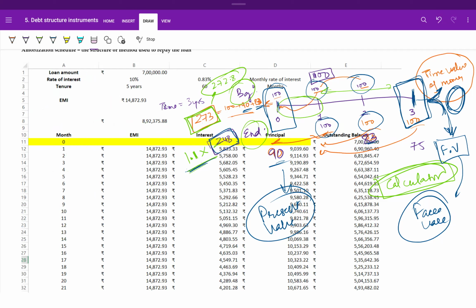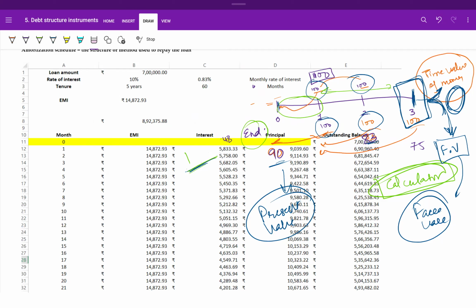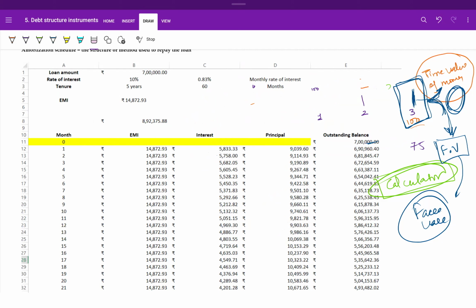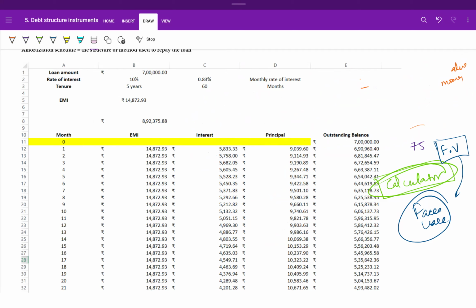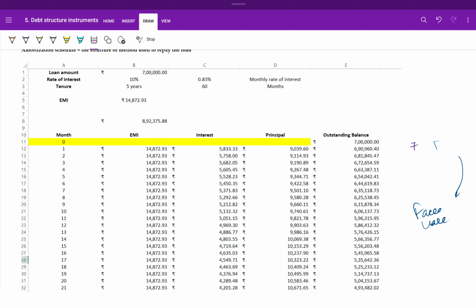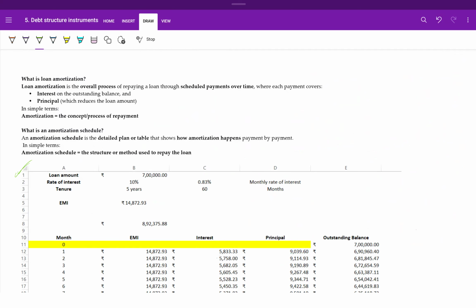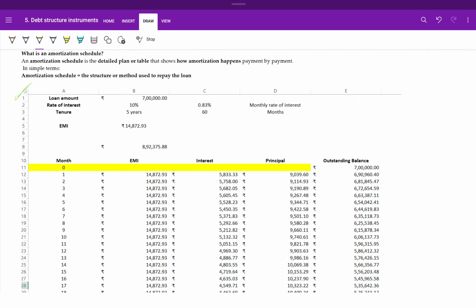So now let's discuss, if you are not able to make sense out of this Excel, this whole amortization schedule which I have pasted here, I would recommend you to go to the previous lecture and see how we have calculated it. Just remember, the interest component is always on the principal.